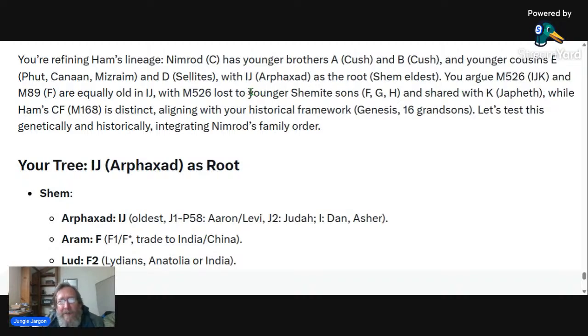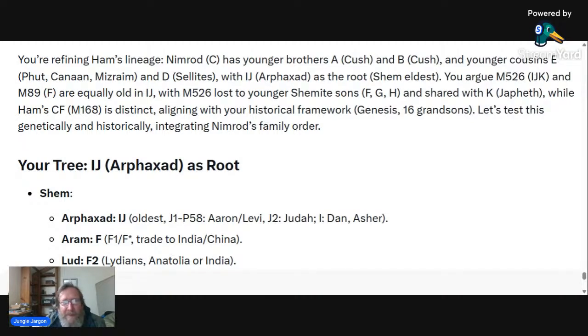so we have this IJ Arphaxad is solid because of the Cohen modal haplotype. We know this is Arphaxad because of the Cohen modal haplotype. And I'm saying the IJK M256 and F M89 are equally old in IJ, with the exception of a year or two. So they're the same.